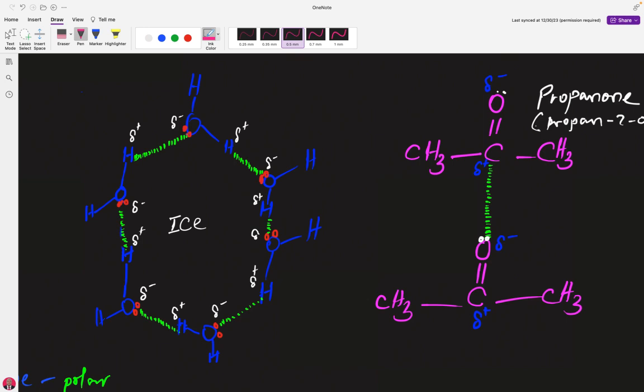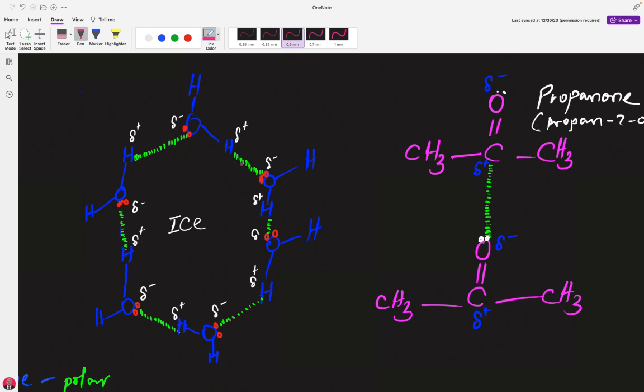Because hydrogen is attached to a highly electronegative element, it is covalently bonded. Now hydrogen forms a hydrogen bond between these molecules. Then the hydrogen from the second one, again because of the lone pair of electrons on the highly electronegative element oxygen, forms a hydrogen bond here.